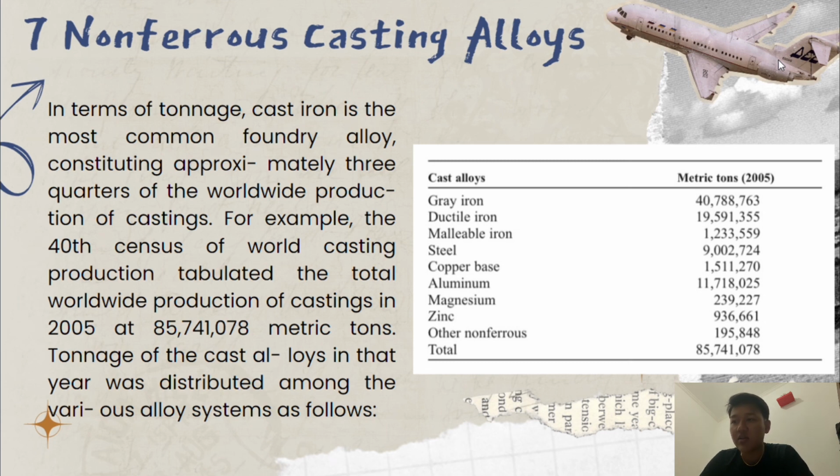For example, the total worldwide production of castings in that year was measured in metric tons. The amount of the cast alloys in that year was distributed among the various alloy systems as follows.